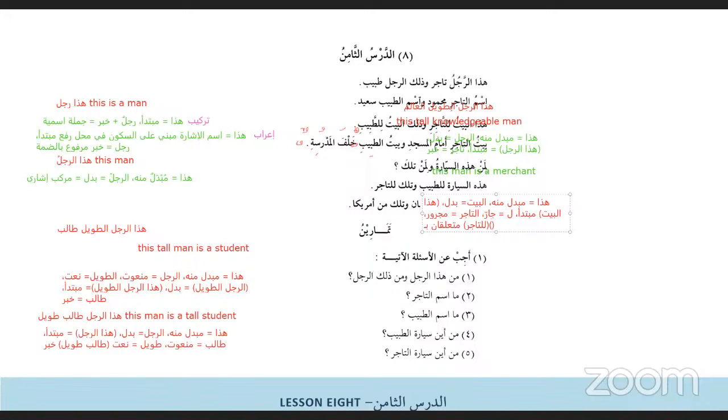Because prepositional phrases are connected to a muta'allaq, which generally is a verb or letters that contain a verb, like ismul fa'il, ismul maf'ul, ismul tafdhil, masdar sometimes as well.